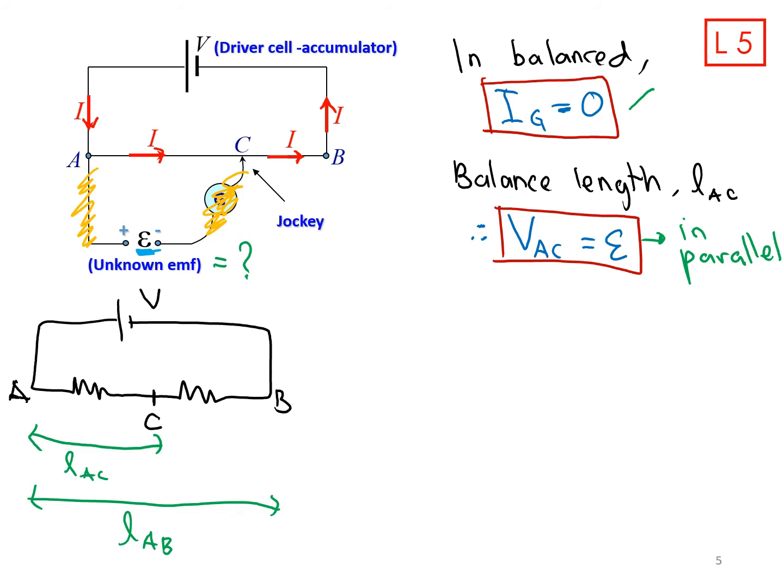Now we know your current just flows in one loop, so the same amount of current across AC and CB. So this is in series. Therefore, you can use the potential divider, because of the principle of the potential divider for resistors in series.